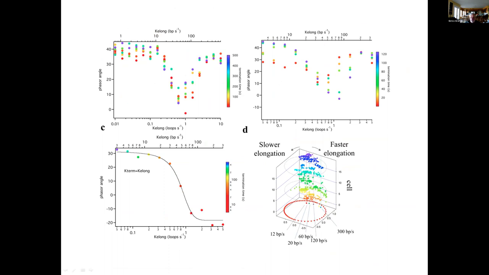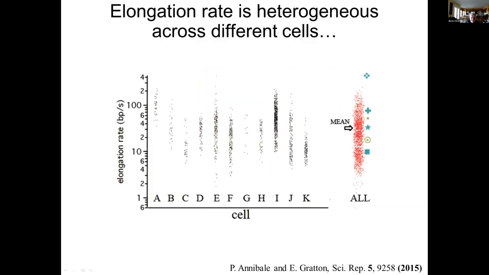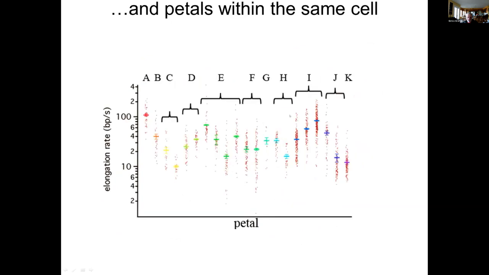So to our surprise, and the surprise of many people, we found that in this single locus, where several RNAs are expressed, the elongation rate in bases per second is about 20 on average, so that is the mean of all. But if you look, they are essentially identical, and it doesn't matter what the cell is. The gene expression can start later on or not, but it's about the same.